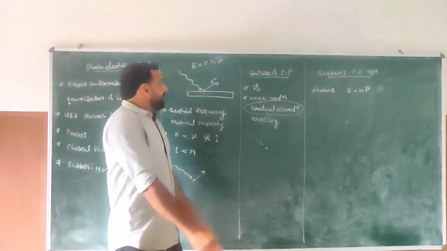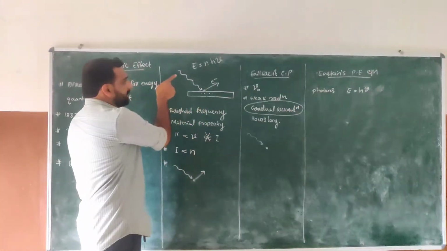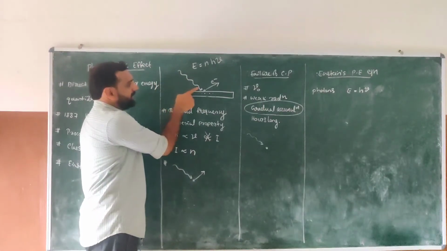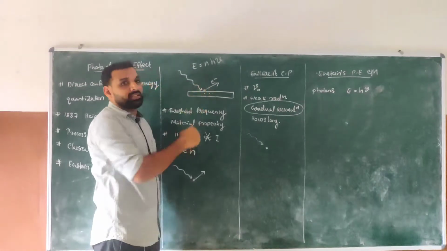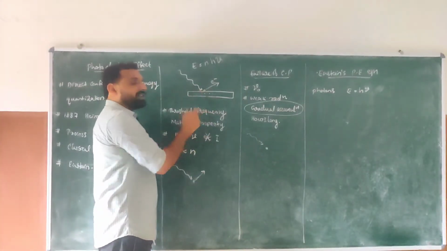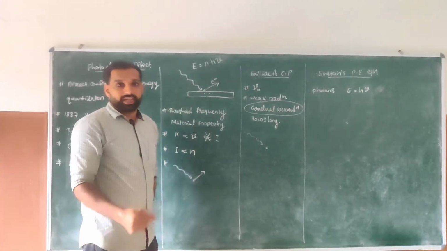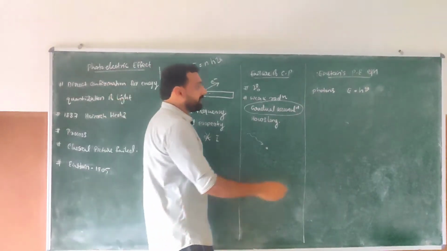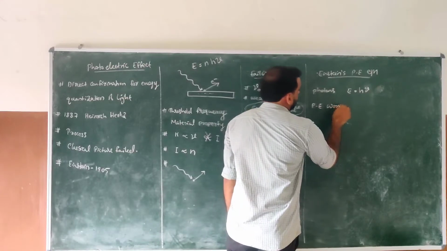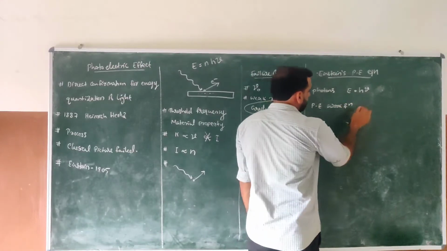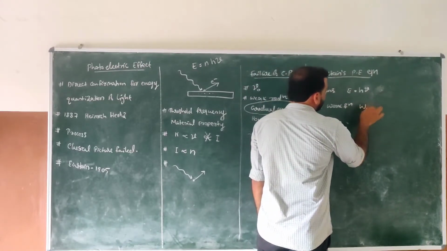He explained that the incident energy is utilized to free the electron from the metal surface. For that, some energy is required. That energy is called the photoelectric work function, and we can represent it by W0.